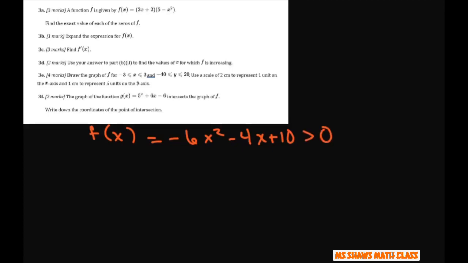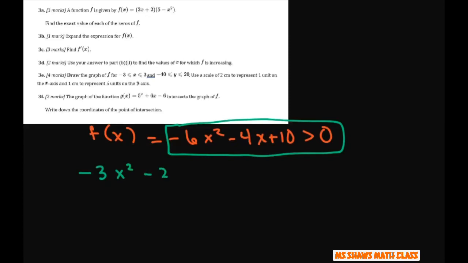So first of all, let's divide everything by 2, and you get -3x squared minus 2x plus 5 is greater than 0.